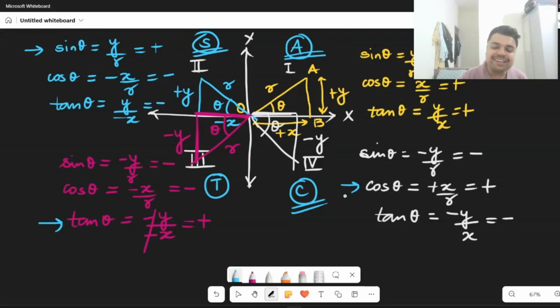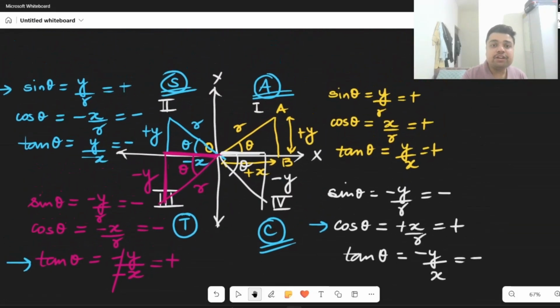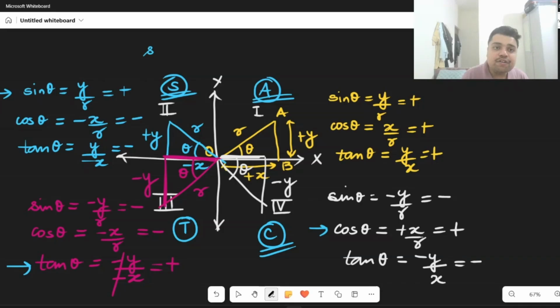This is interesting. Now talking about the next thing, just remember what we did when I write sine of 90 minus theta. I just wrote cos theta, or cos of 90 minus theta, I wrote sine theta. This was the property of complementary angles.